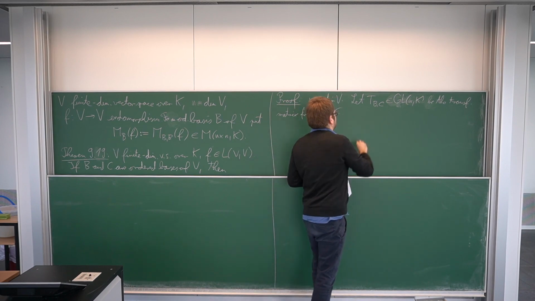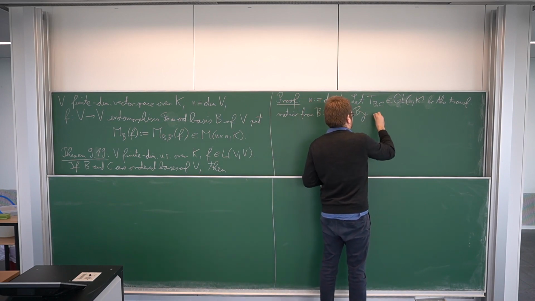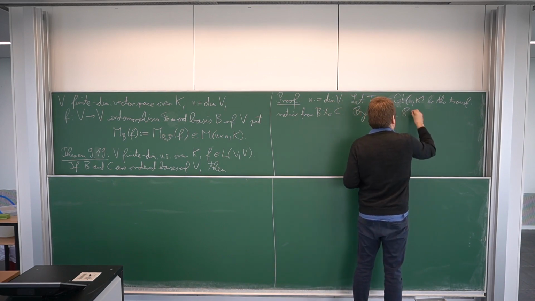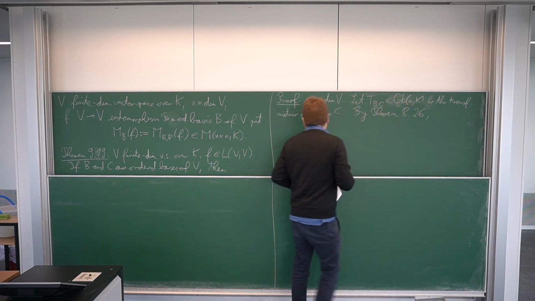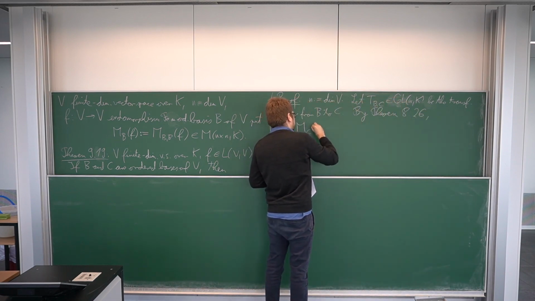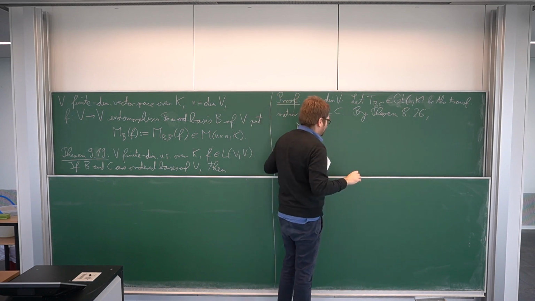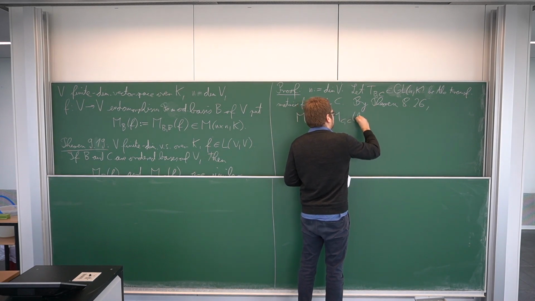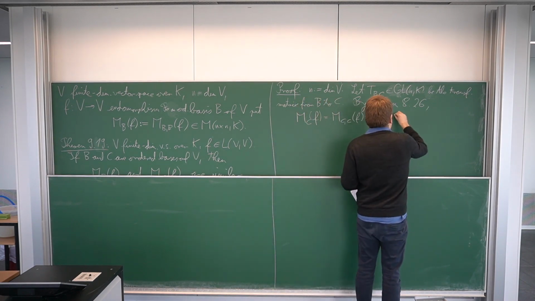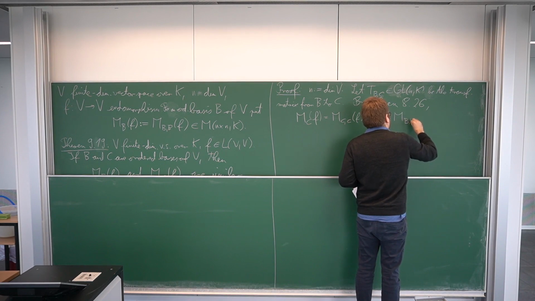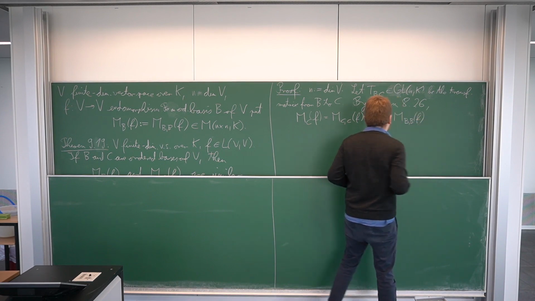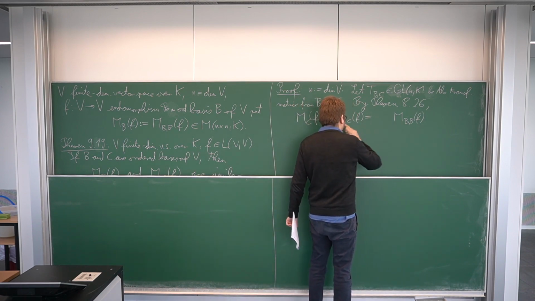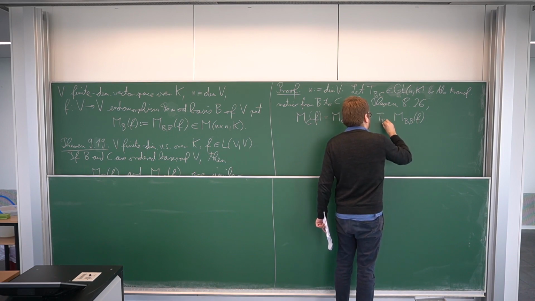Okay, and then we've seen how to convert these matrix representations into each other. That was theorem 826. Namely, we get the following. The matrix representation MC of F. So we have always done this with two different bases, so let me expand this notation. This is MC,C of F. Now, if we want to start with MB,B of F, so take B on both sides, we need to multiply from the left with the matrix which turns B into C, which is T_BC.